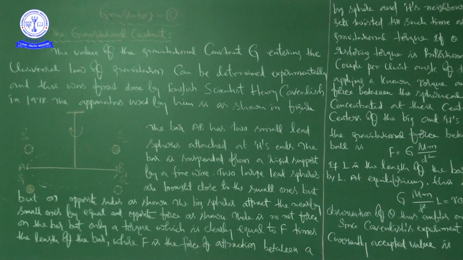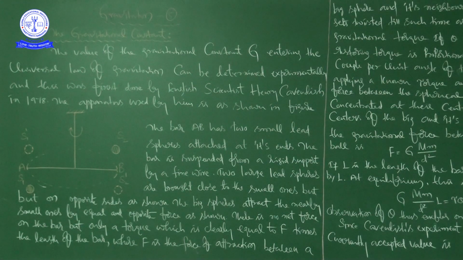So what is torque here? That we discussed in the chapter of rotational motion. Torque tau is the product of force and the perpendicular distance between the axis about which the body is going to rotate and the point of application of the force.